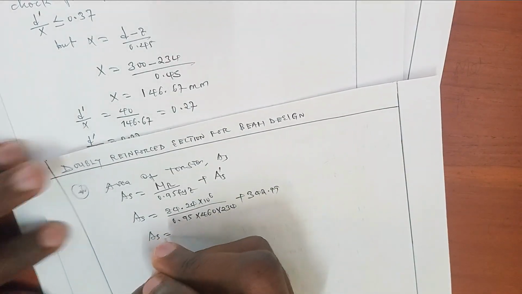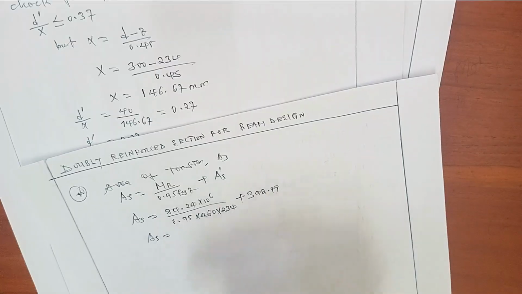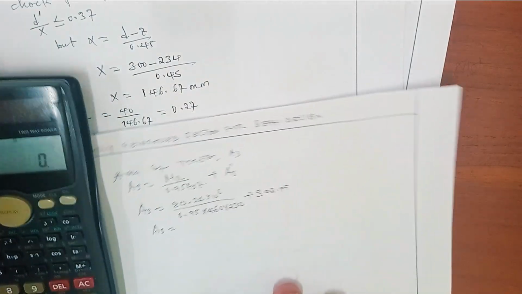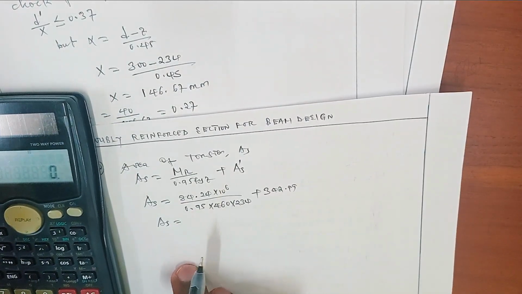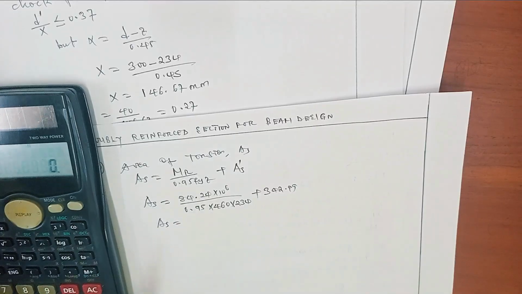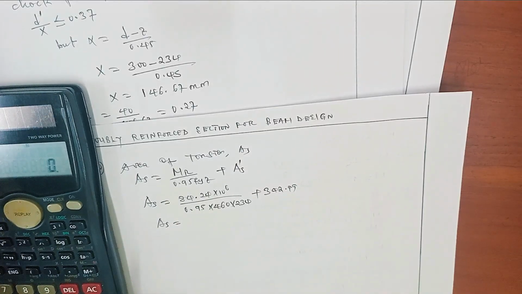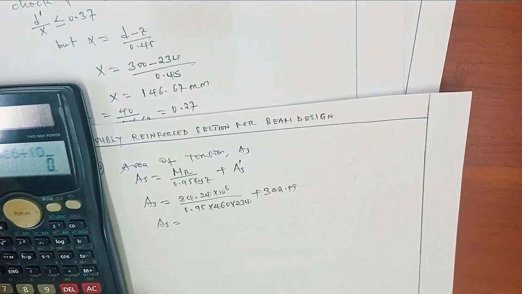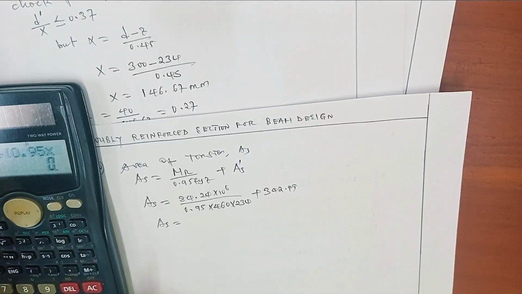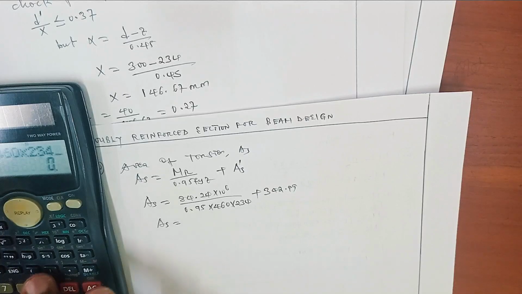Therefore, area of tension will be equal to 84.24 exponent 6 divided by 0.95 times 460 times 234, plus 342.99.